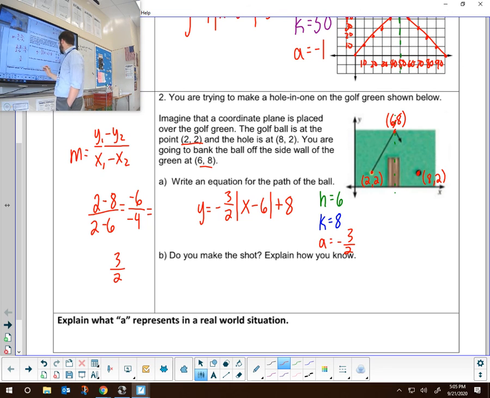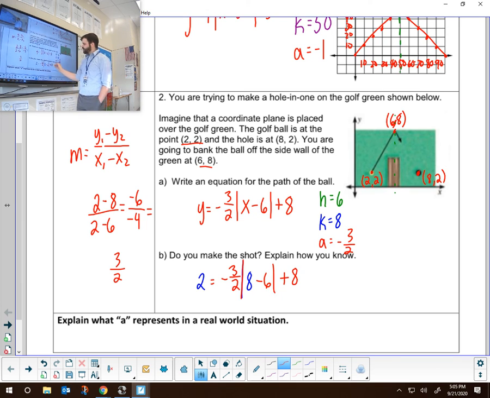So let's see here. I can go y equals negative 3 over 2. But instead of having a y here, we're going to plug in 2. And instead of having an x here, we're going to have 8. So we're going to go 8 minus 6 plus 8. And we're going to work this out and see if it equals. Okay?